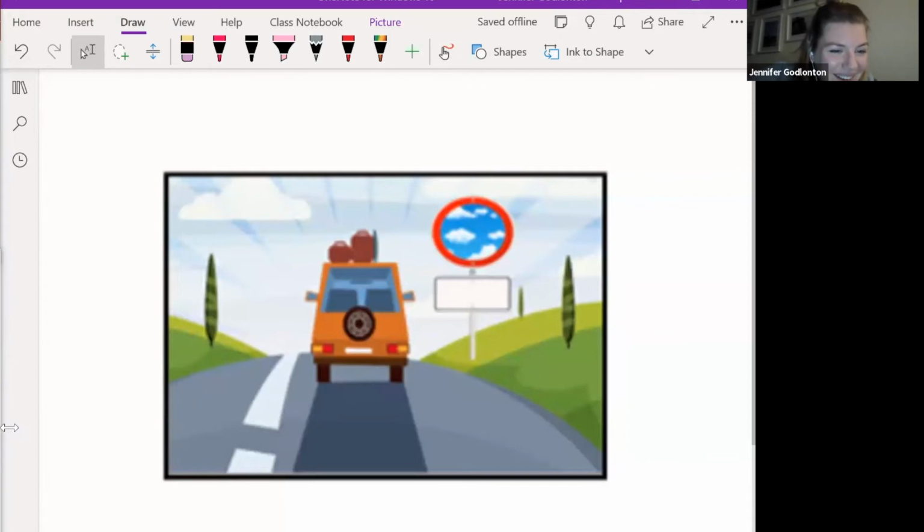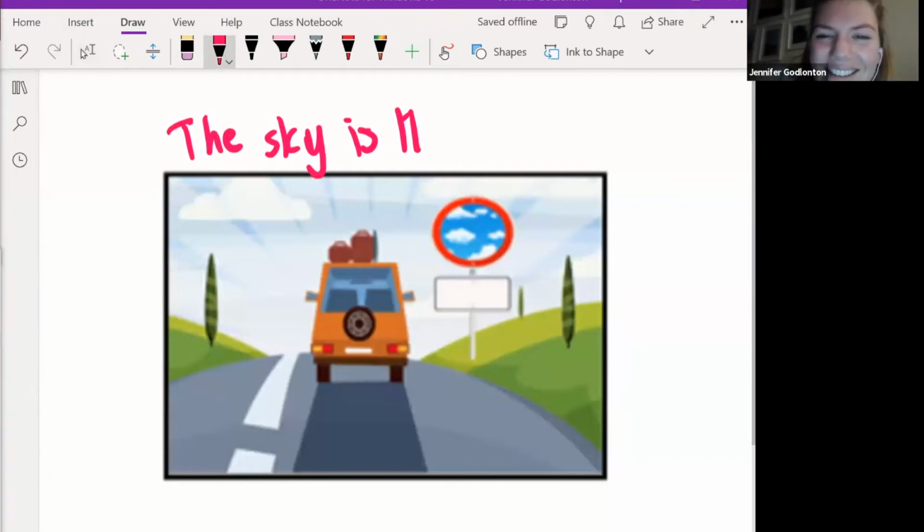Oh, there we go. I like this one: flying to heaven. Jasmine, we're all yours. Which one do you think it is? The sky's the limit. Yes, well done. Nice. The sky is the limit.